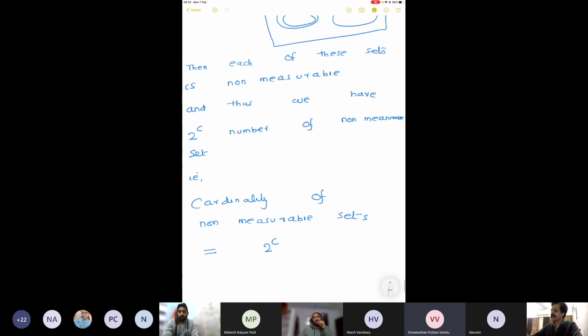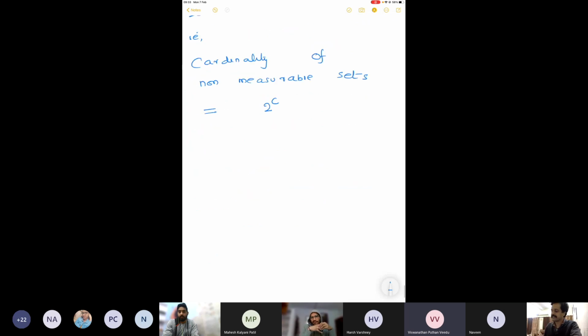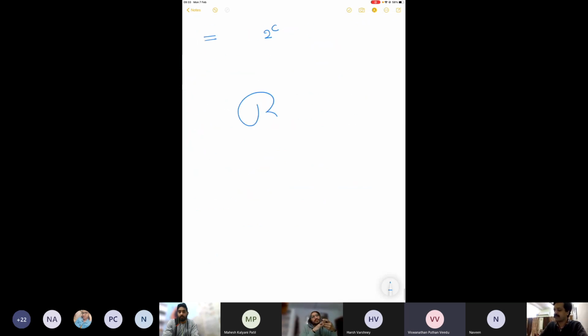Now, again, give me 2 minutes. We have not told anything about B and M. What is B? Borel set. The smallest sigma algebra containing all open sets.